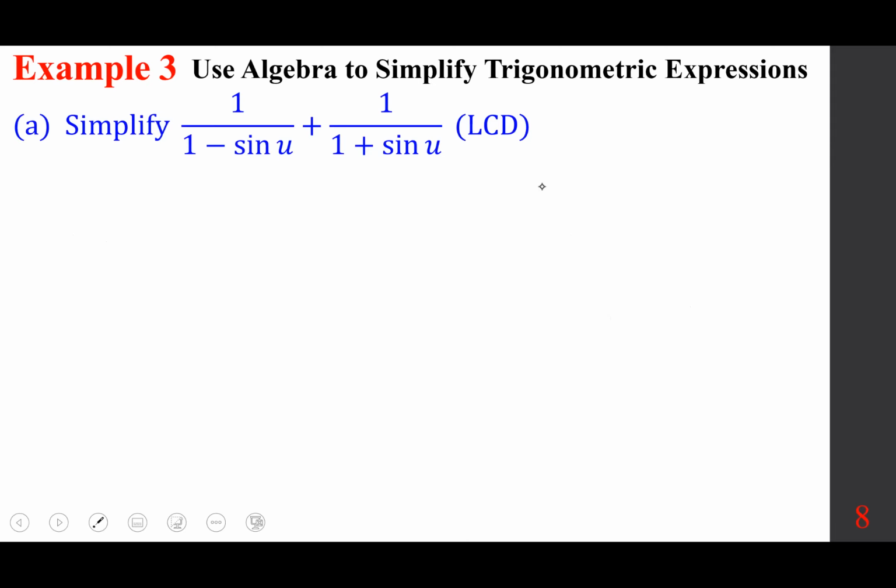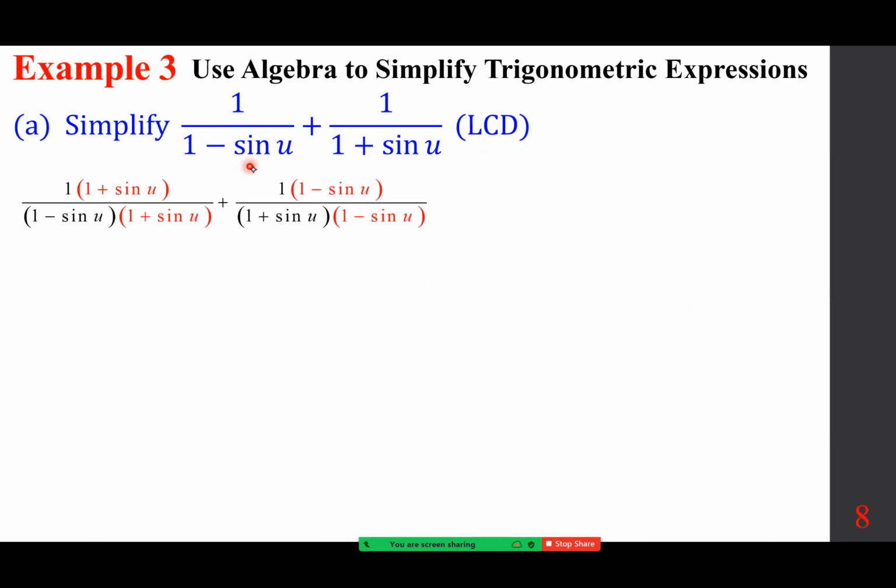We want to simplify. And in this case, we take a common denominator, LCD, which means the common denominator is 1 minus sine u times 1 plus sine u. And the numerator would be 1 times 1 plus sine u plus 1 times 1 minus sine u. In other words, we raise each fraction by a factor of 1 plus sine u. So this gives us 1 plus sine u plus 1 minus sine u. And the denominator is 1 minus sine squared.